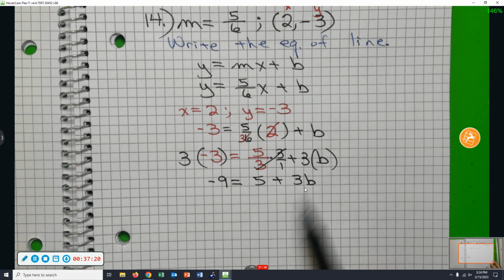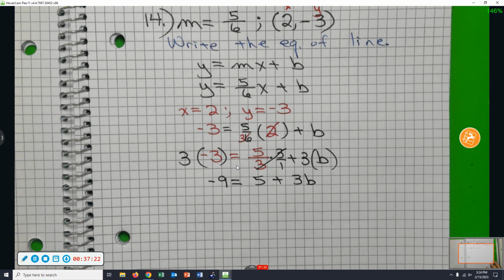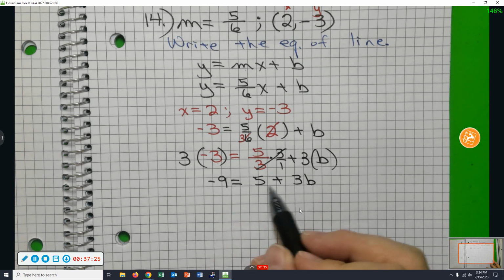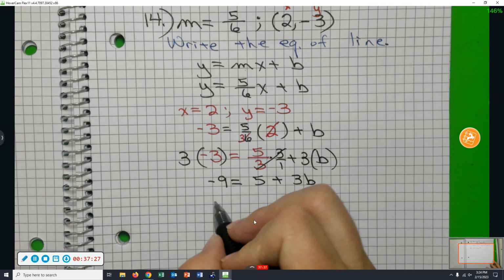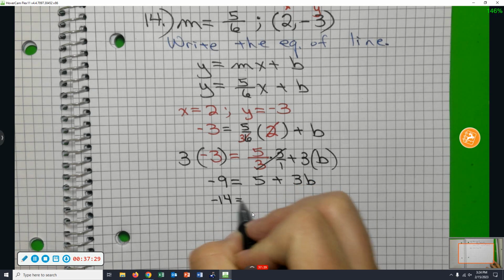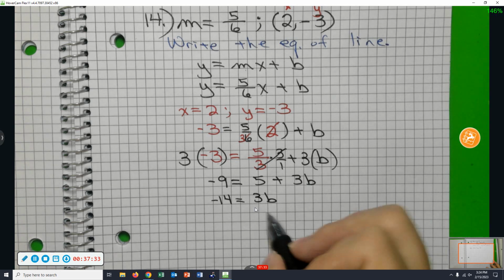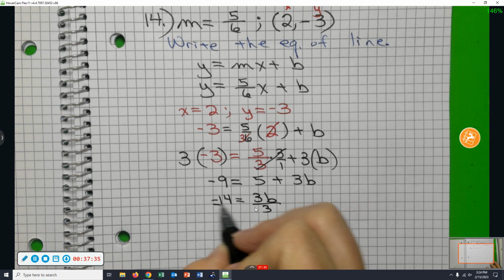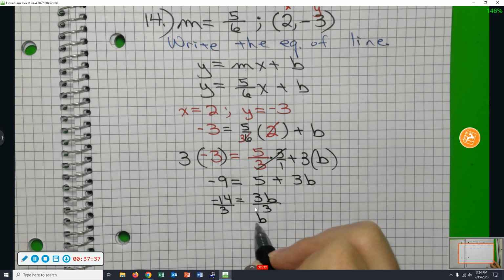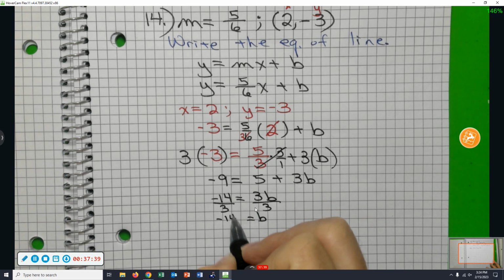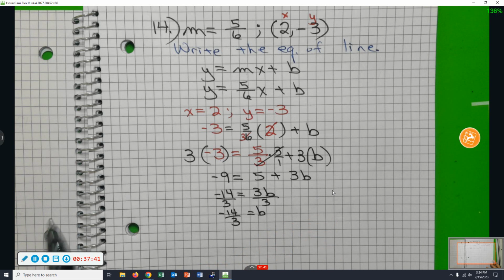What are we going to do to get b by itself? Subtract 5, that's negative 9 minus 5, which gives me negative 14 equals 3b, and then divide by 3 to give me b equals negative 14 thirds.